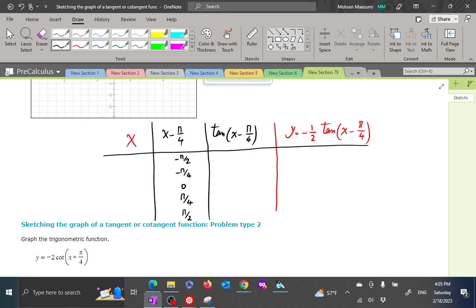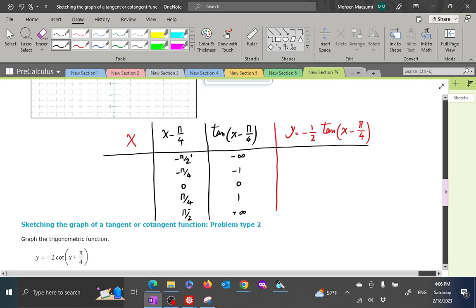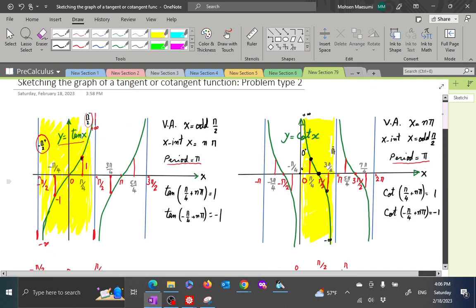Tangent of these values: we start at minus infinity, when we are slightly to the right of minus pi over 2, then go to minus 1, to 0, to 1, to plus infinity when slightly to the left of pi half. Pi half itself is undefined.